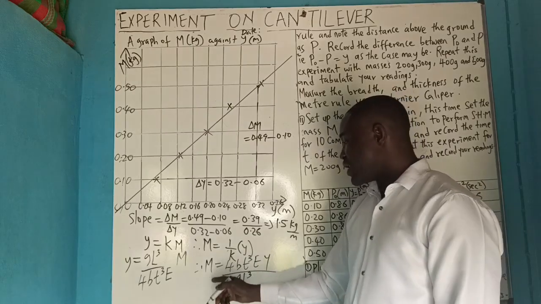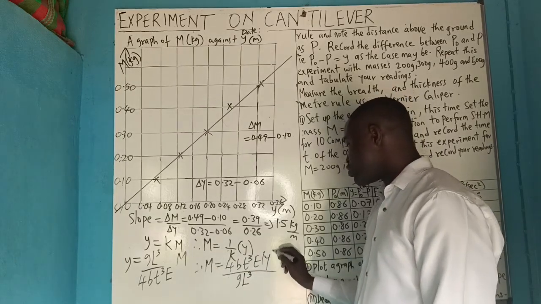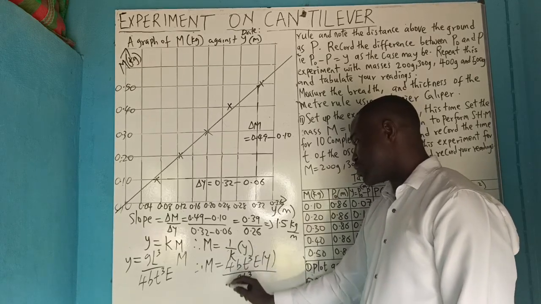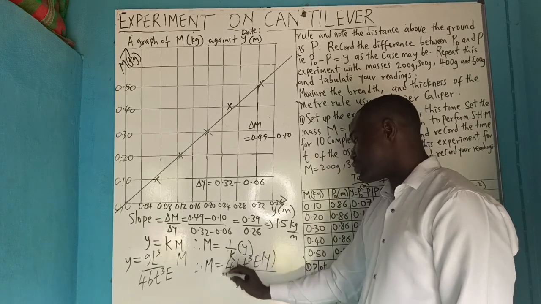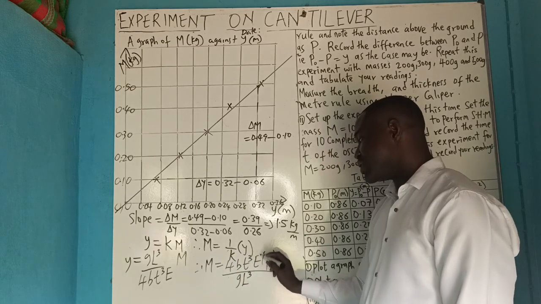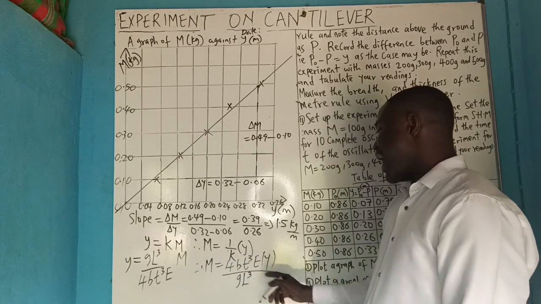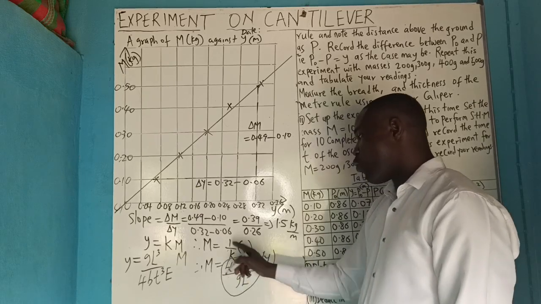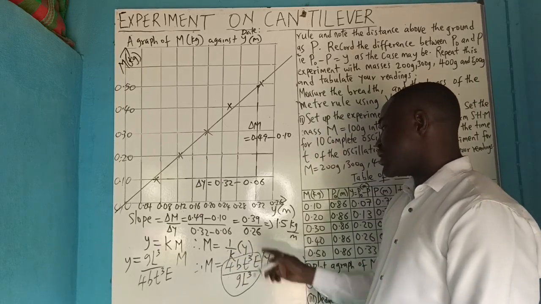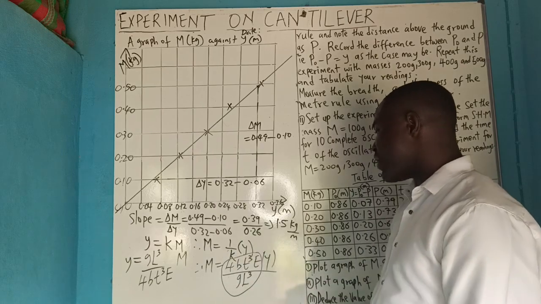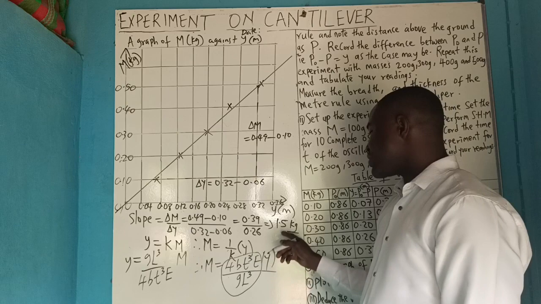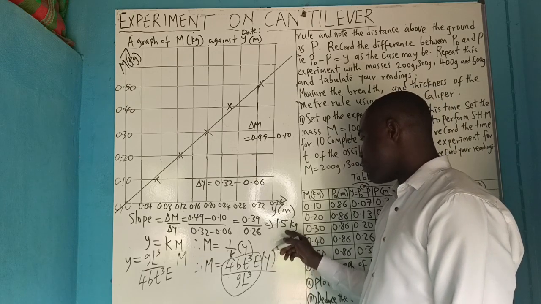That means when you plot the graph of M against Y, this becomes your slope. Are you getting it? That your slope is equals to 1 over K. So what is our slope? Our slope is 1.5.